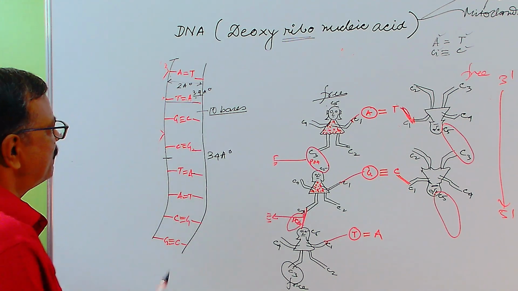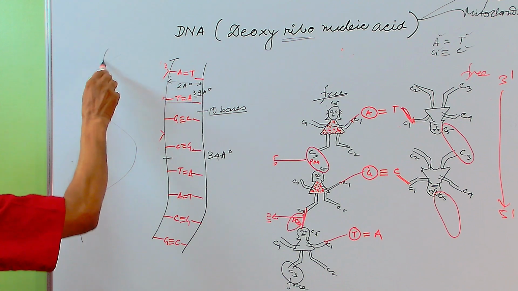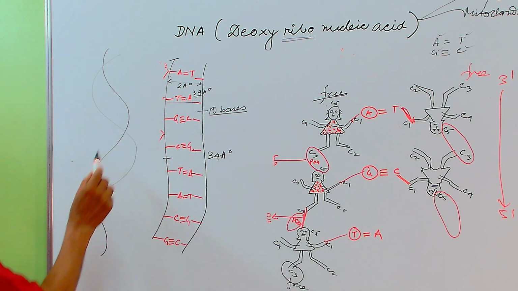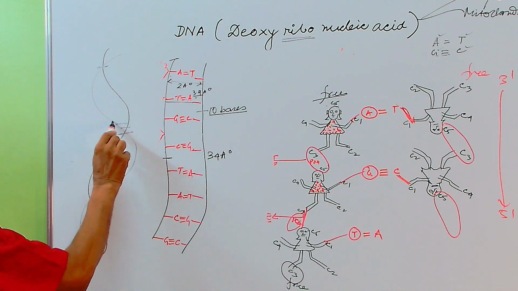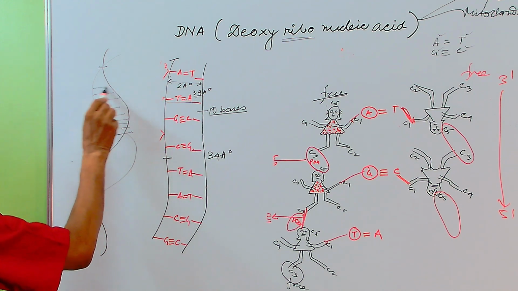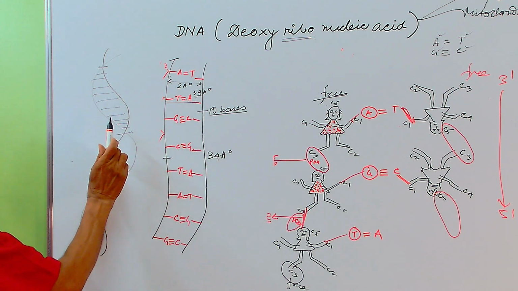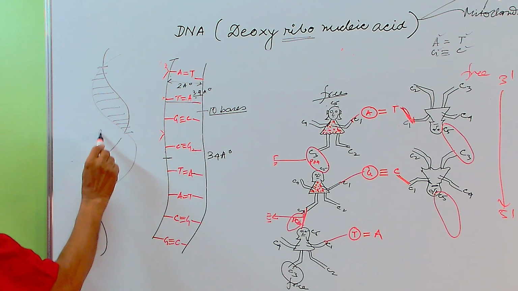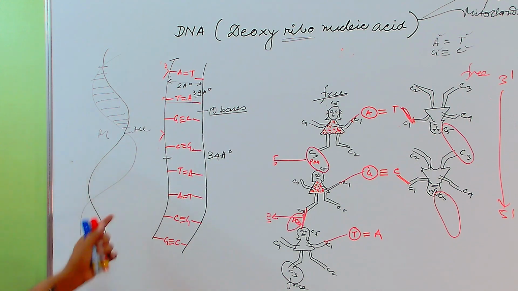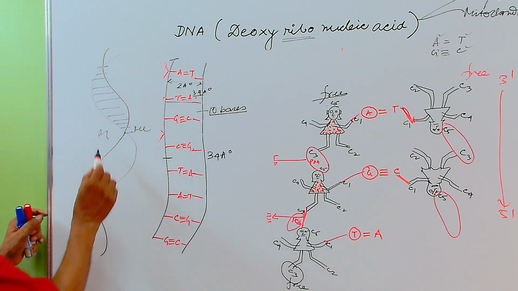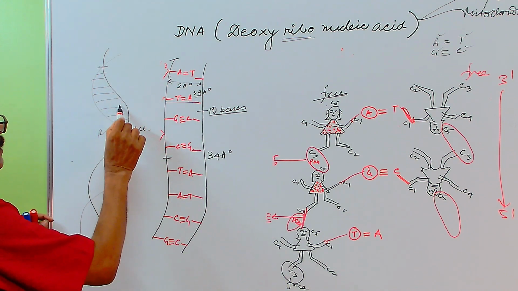So whenever it takes a full turn, from this to this, it has 10 bases. 10 ladder steps are there. Somebody calls this the major groove, this the minor groove. Forget it, it need not be discussed. Minor groove, major groove, and this holds 10.